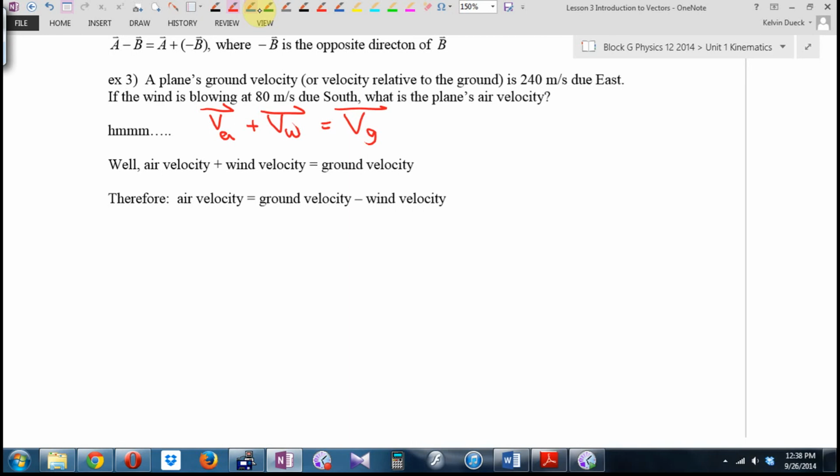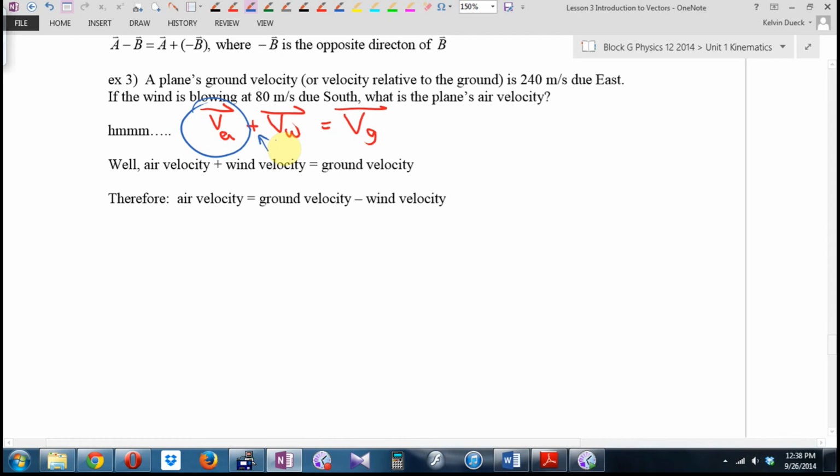Mark, you were so good last time. What are they asking me to find this time, my friend? Read the question very carefully, please. So not ground. They want me to find this. How would I get that by itself? Well, what's in front of the wind speed? A plus sign, so how would I move it over? This is subtracting vectors.